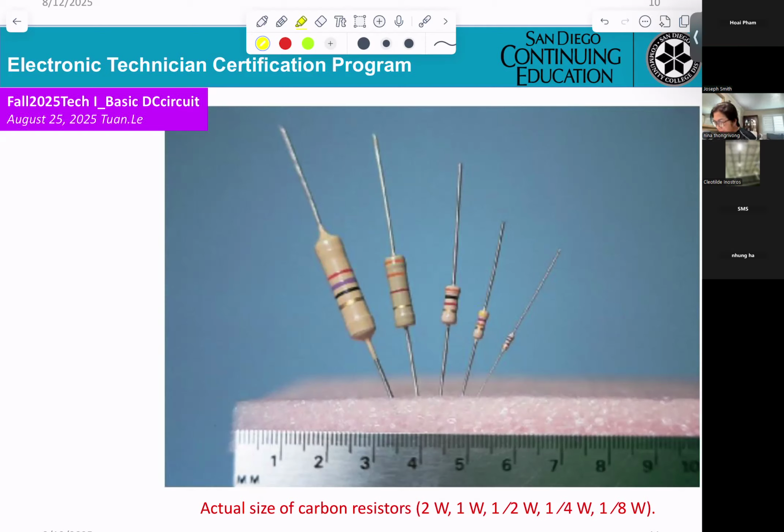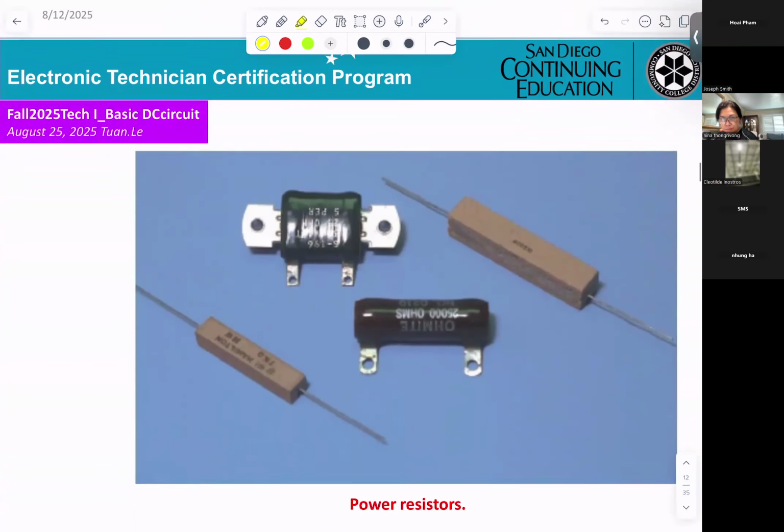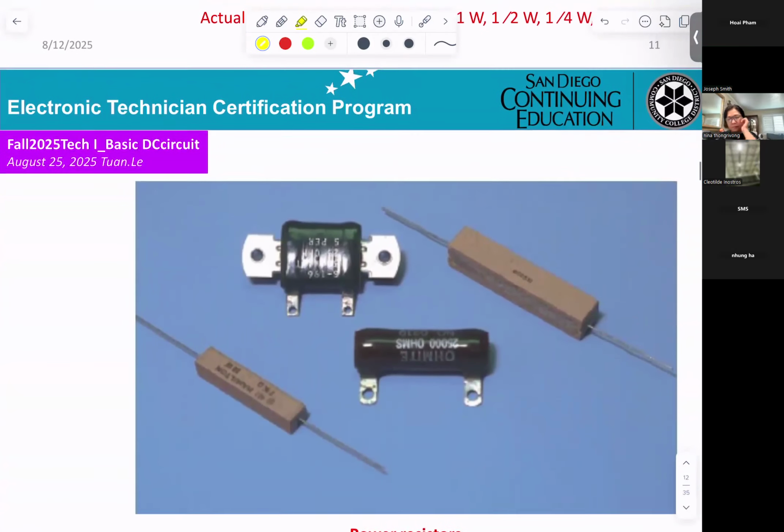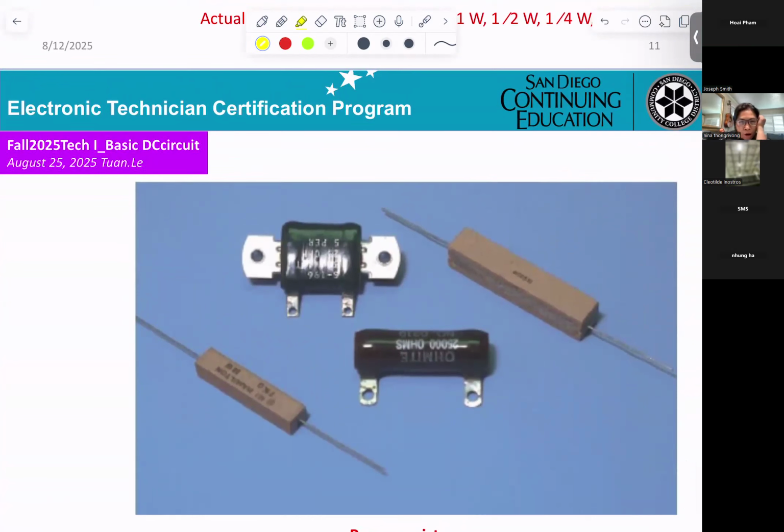If you apply more current, they will be burning out. And they also give you different types of resistor. That's just for technicians when you're working. You know that's just a resistor.